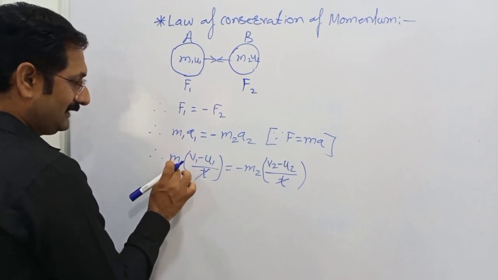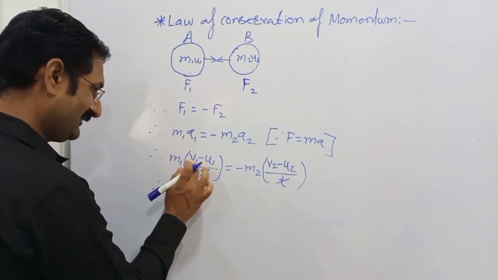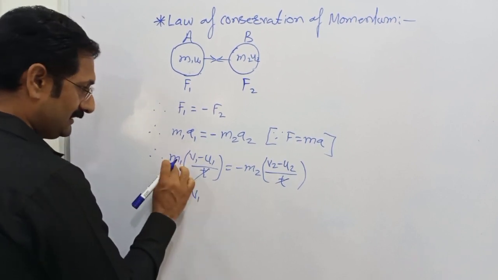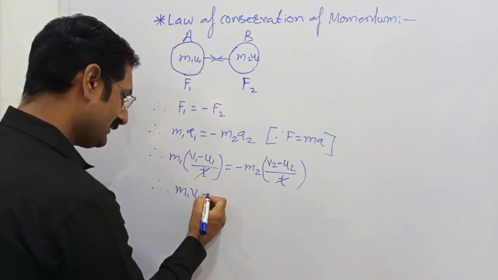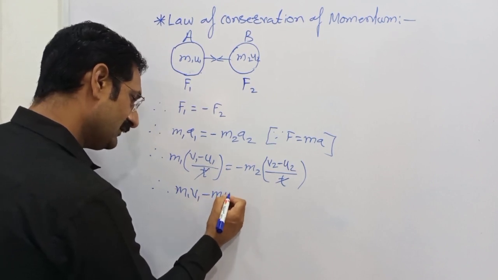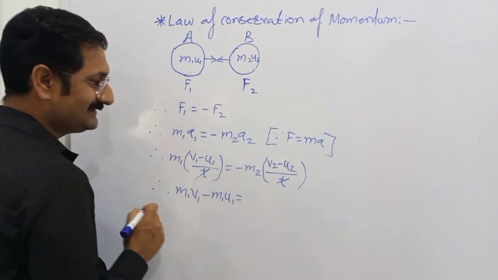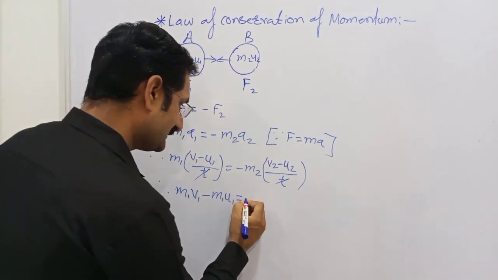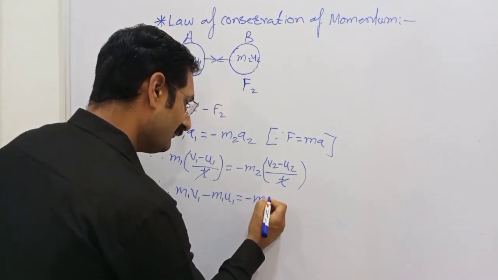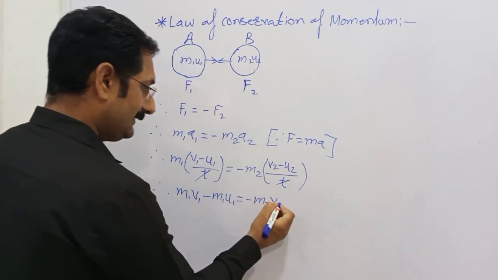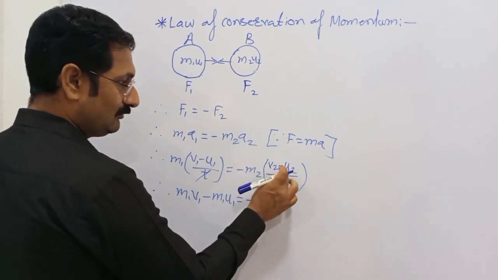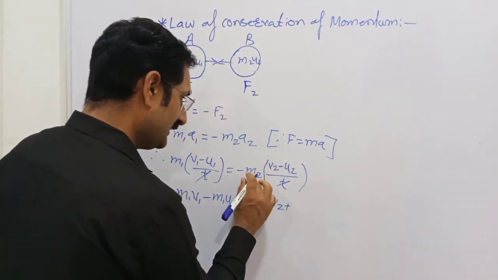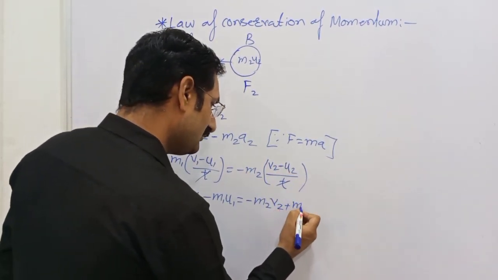Now by multiplying m1 into the bracket, m1 into v1 is m1 v1, and m1 into minus u1 means minus m1 u1, according to the rules of mathematics. Now minus m2 multiplied by v2 becomes minus m2 v2, and minus m2 into minus u2, minus minus gets plus, so it becomes plus m2 u2.